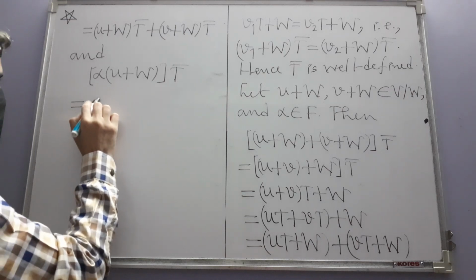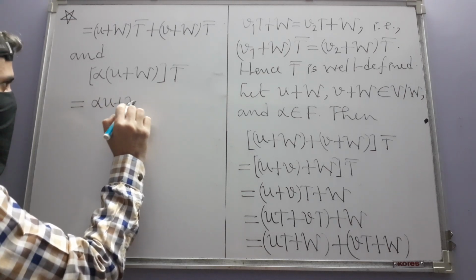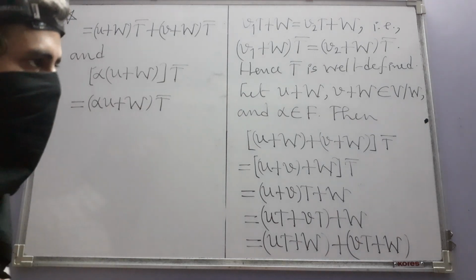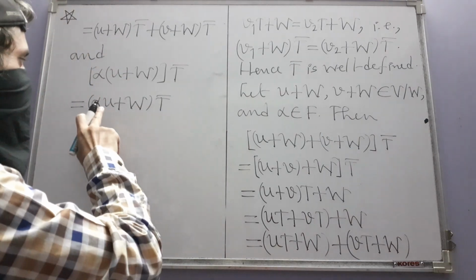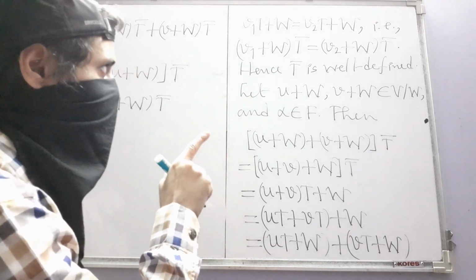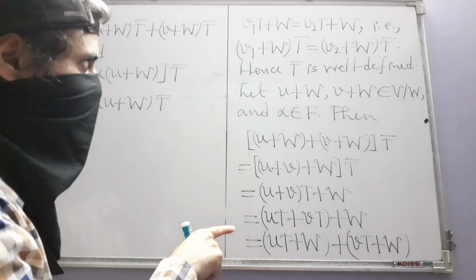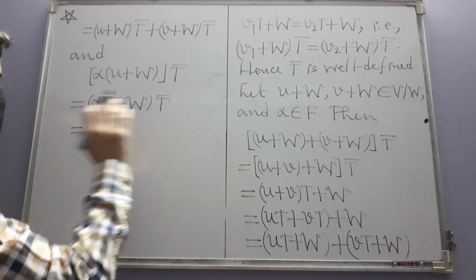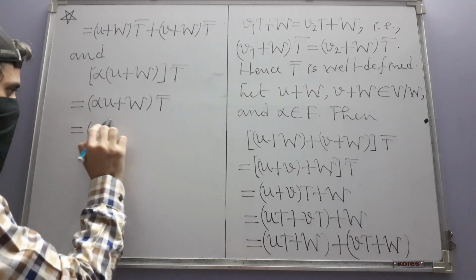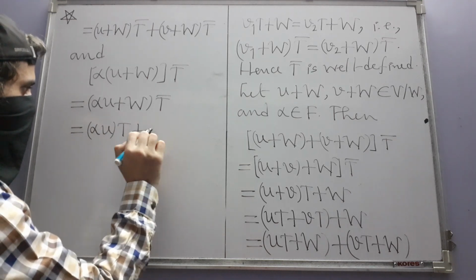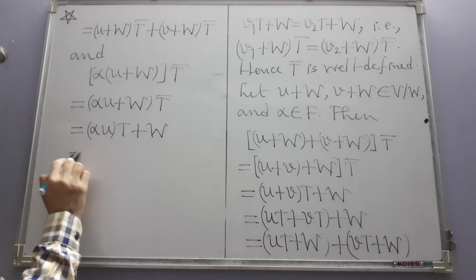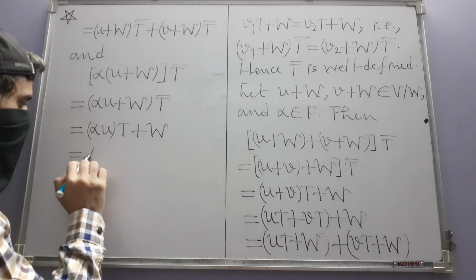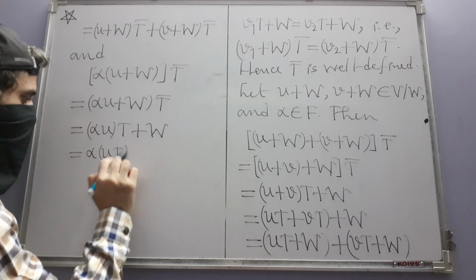This is equal to, by definition, alpha u plus w, where alpha u follows the definition of scalar multiplication in the space capital V. Now by the definition of T bar, we have to apply T on alpha u and then plus w. Because T respects scalar multiplication in V, this becomes alpha times uT plus w.